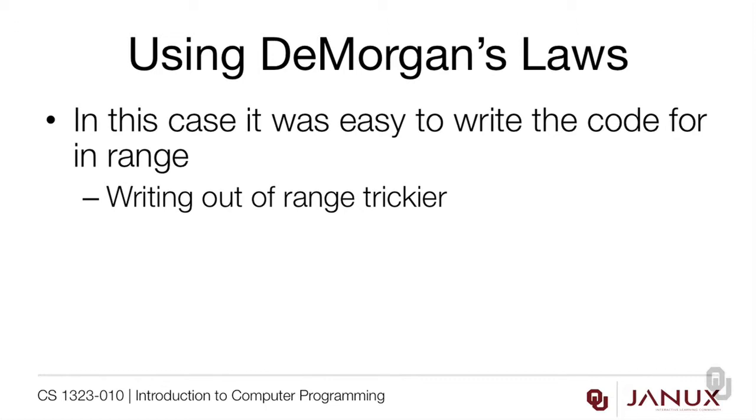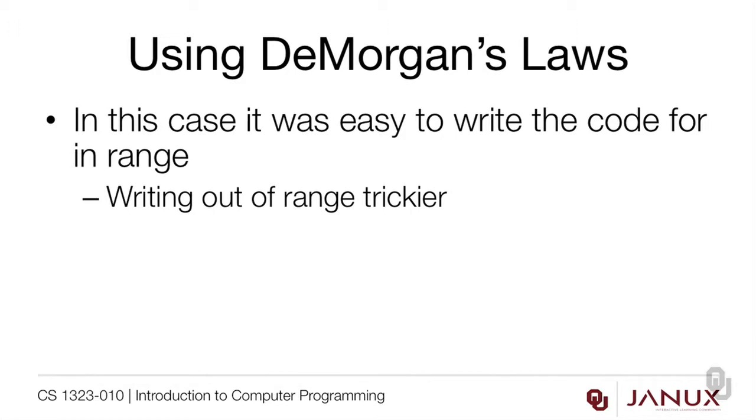Now, how do you use De Morgan's laws? Well, in this particular case, it was much easier to write the code for being in range than the code for being outside of range. In general, I would say that most people have an easier time with ands than ors, I think because or has different meanings in English than it has in mathematics. So writing the out of range was trickier.